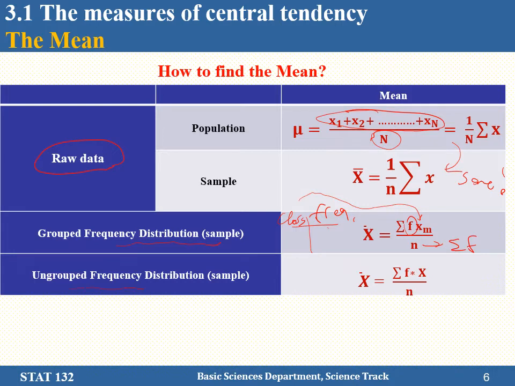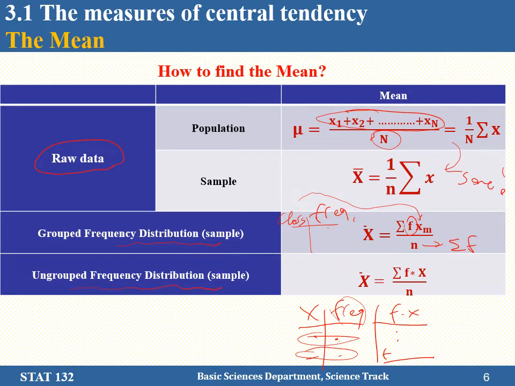And for the ungrouped frequency distribution, if the frequency is given to you and you have the x values here, you multiply the value of the data times its frequency, then you add them, and then you divide by the number of the frequencies, and you use this formula. So which formula to use depends on what is given to you. This is the main important thing.